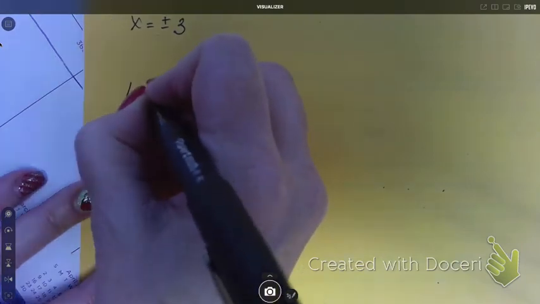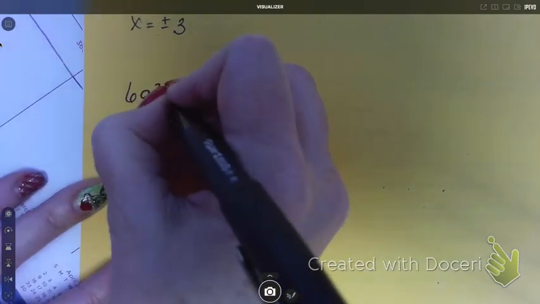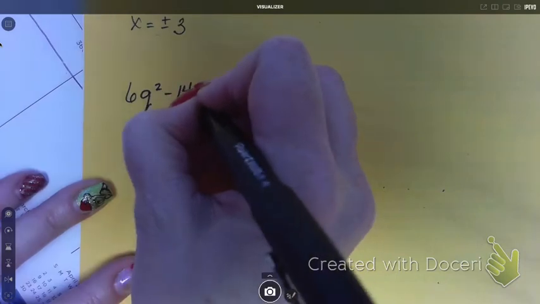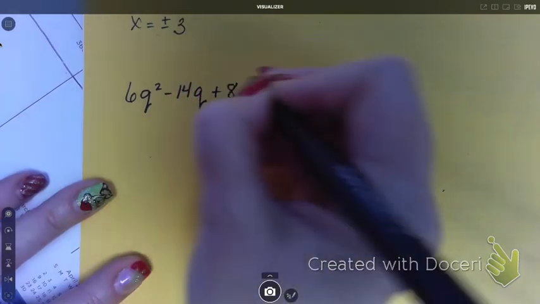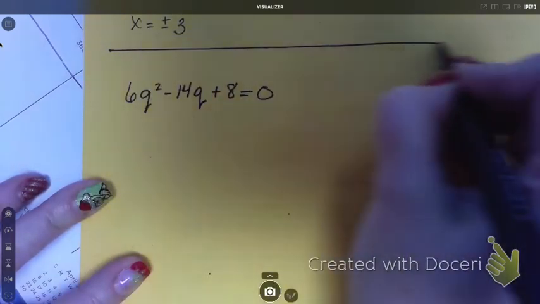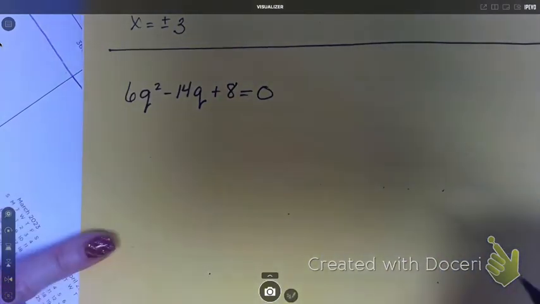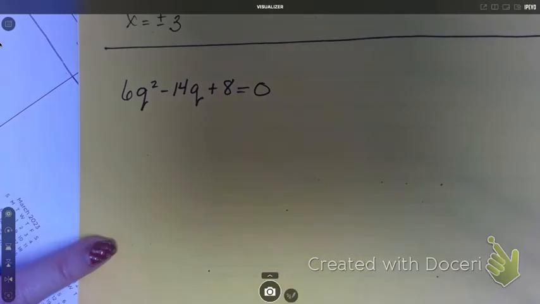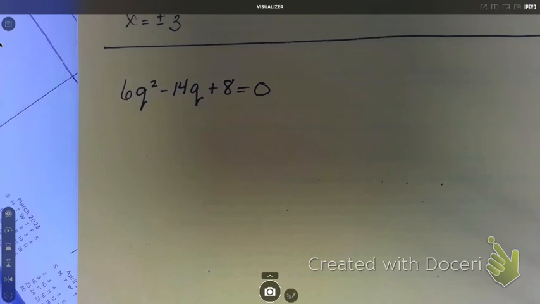6q squared minus 14q plus 8 equals 0. What do you notice?